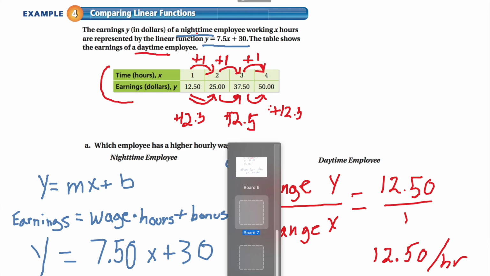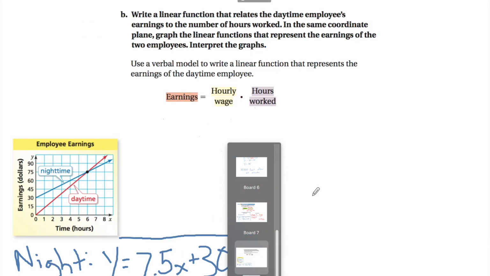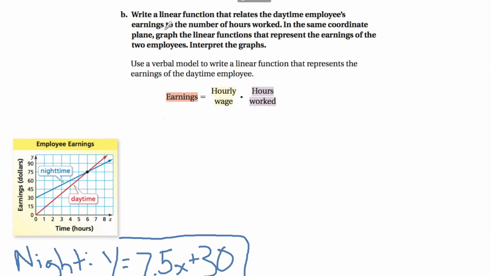But let's take a look at this from a different perspective. Part B to this question wants us to write a linear function that relates the daytime employee's earnings to the number of hours worked. And then it wants us to graph it. So first, let's write the linear function.